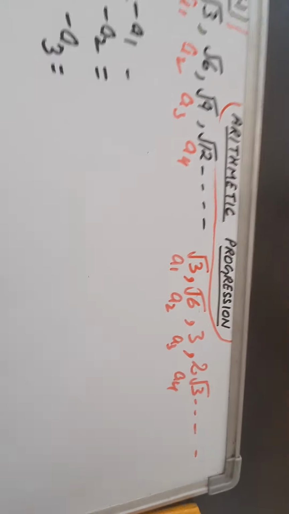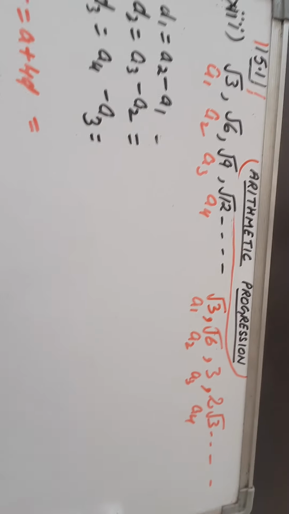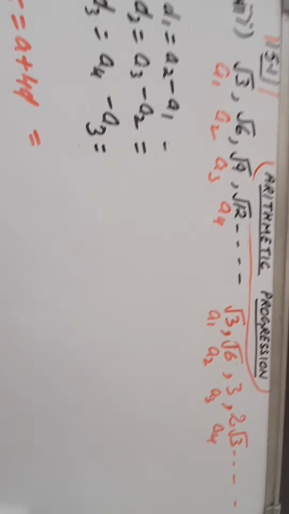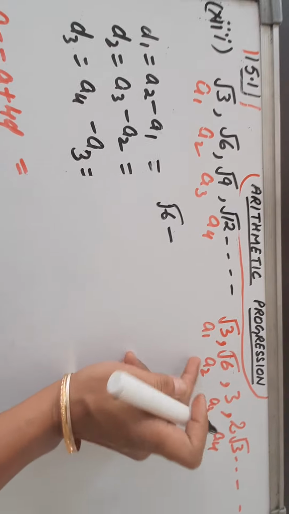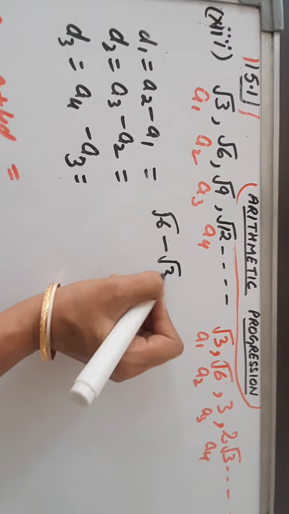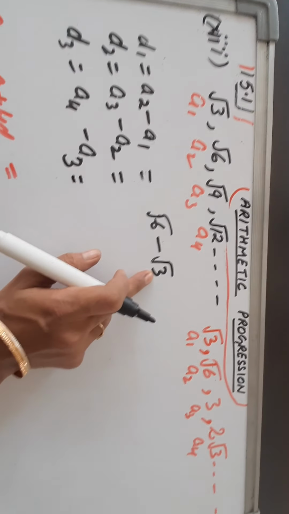So now let us quickly find out the common difference to check whether this is an AP or not. A2 is root 6 minus A1 is root 3. Dear students, as you can see, this is the square root of 6 and this is the square root of 3.